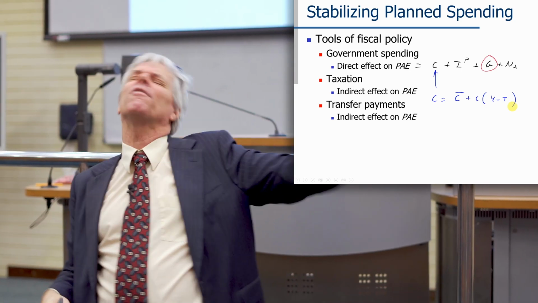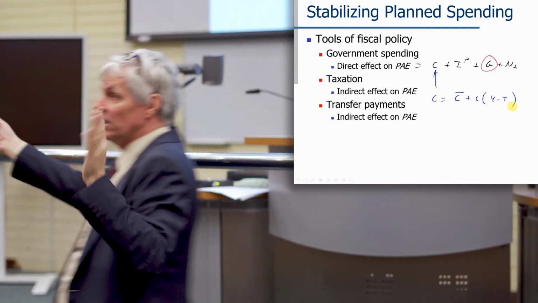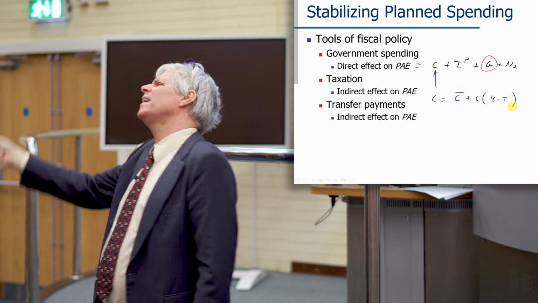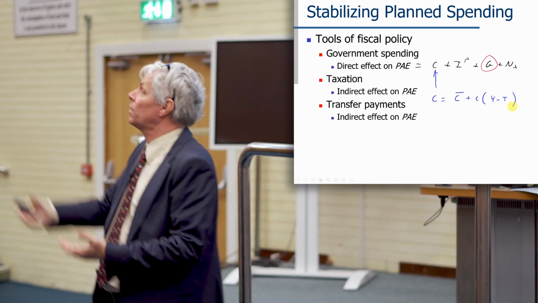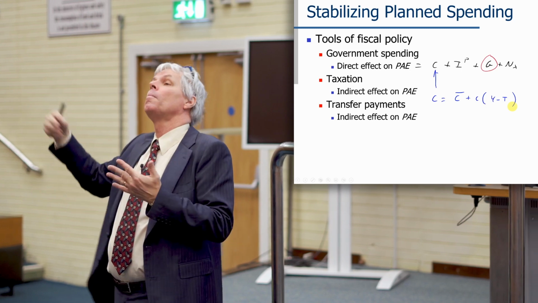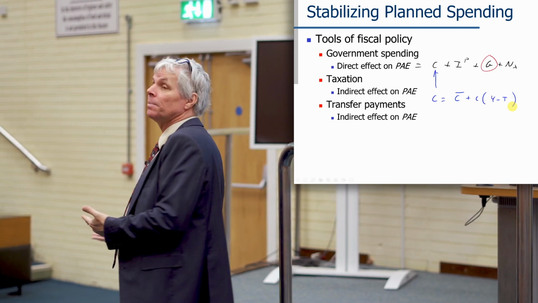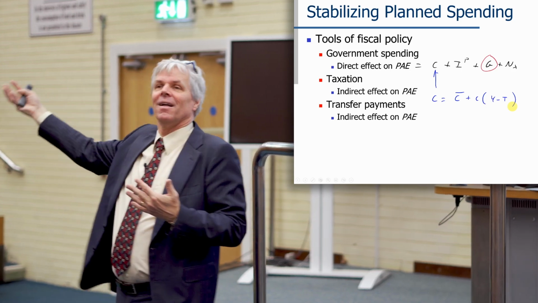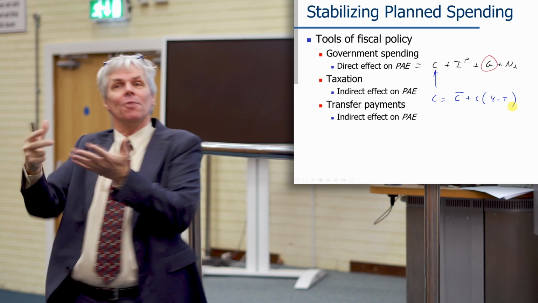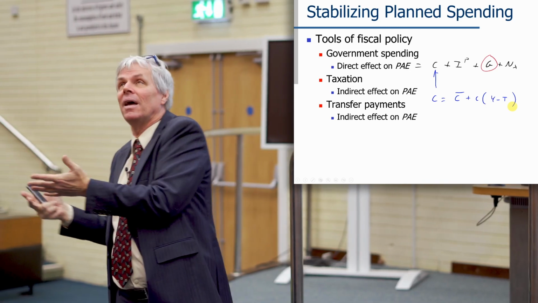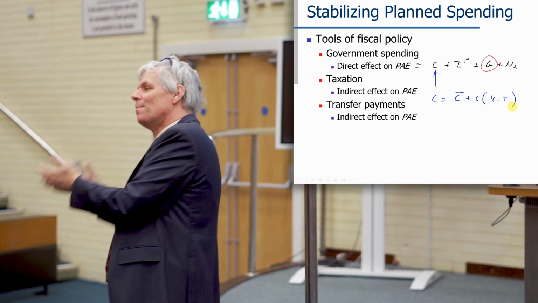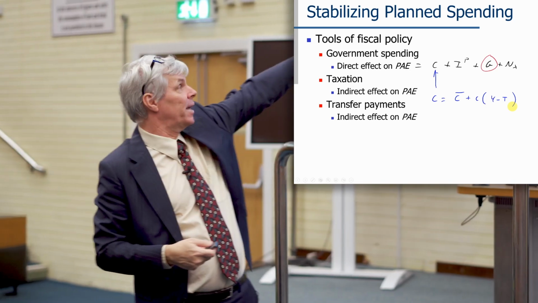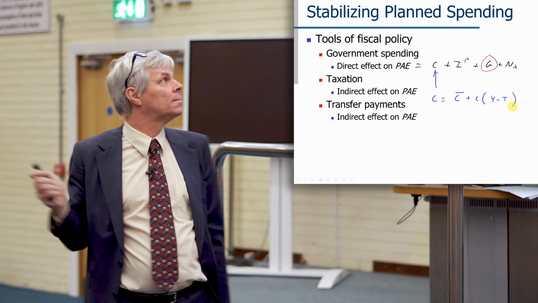Whatever the reason is that you're doing it, good reasons, bad reasons, if you're not giving them money in exchange for a service, but just because you think they ought to have some money, that won't directly affect planned aggregate expenditure, but it will make them feel richer, less poor, less destitute. They have more income, more money, and therefore they can buy some stuff. So it will affect planned aggregate expenditure, but only indirectly.